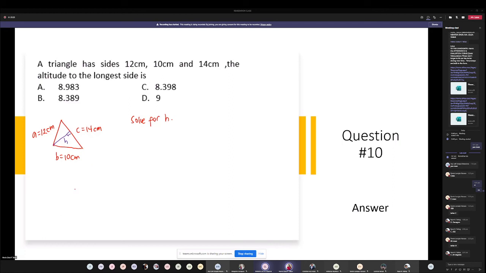Let me draw that again quickly. Let's say this is the H. We need to get just a portion of the triangle and focus on it, because if we consider the other part, then we cannot solve for H directly.